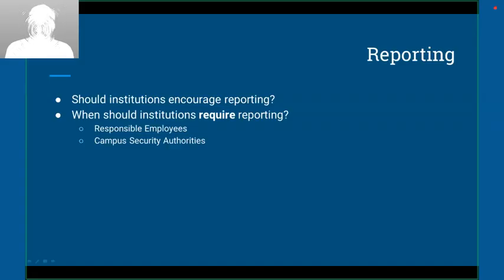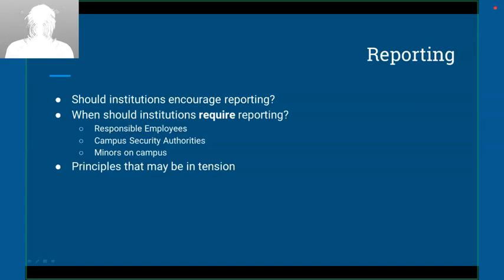And there are competing principles that are both extremely valid when it comes to thinking about requiring or short of requiring reporting. And the principles are a little bit in tension.